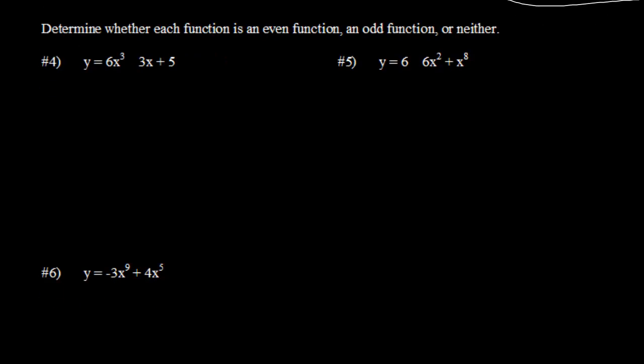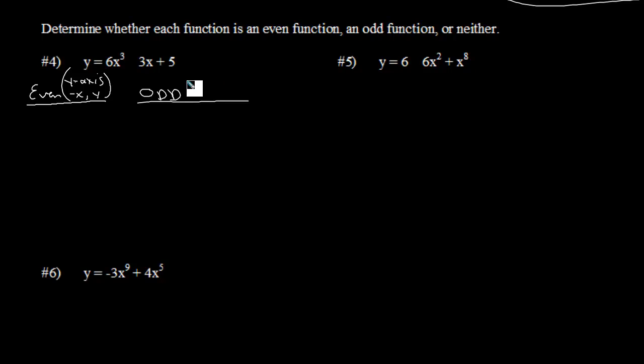Questions 4 and 5 are supposed to determine if the function's even, odd, or neither. To determine if it's even is to determine if it's symmetric with respect to the y-axis. To determine that, you change the sign of x and you leave y the same.